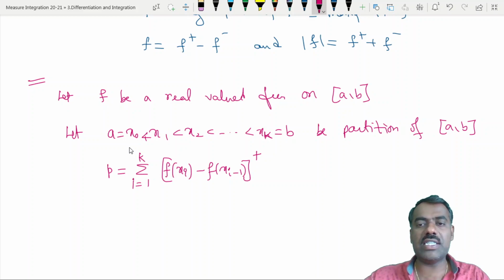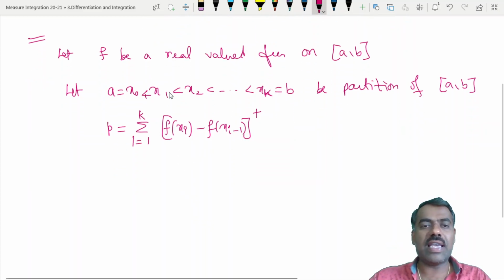Is this clear? What is this small p? It is f of xi minus f of xi minus 1, then take the positive part of that, and sum, right?